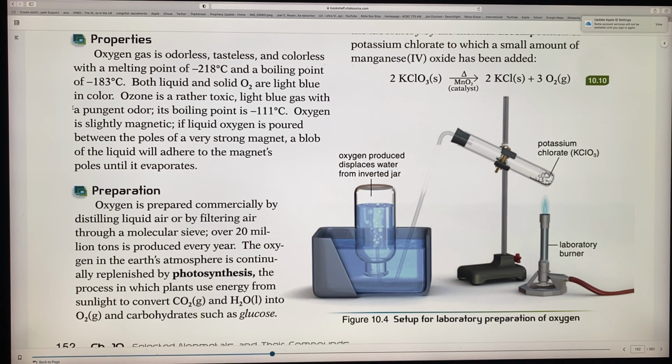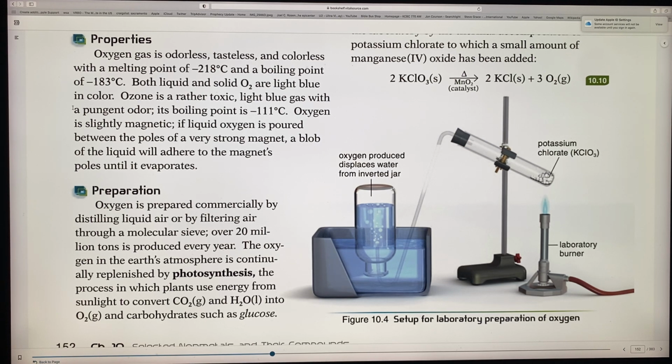So, the preparation of oxygen. Oxygen is prepared commercially by distilling liquid air. So you take the liquid air, or filter this air, and you get 20 million tons a year of oxygen. That is quite a lot of oxygen made through commercially distilling liquid air.